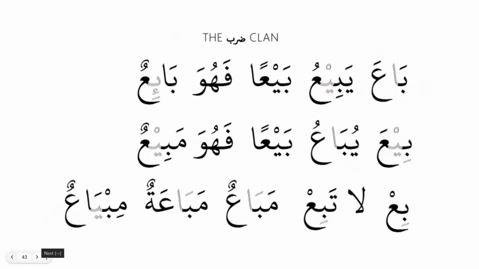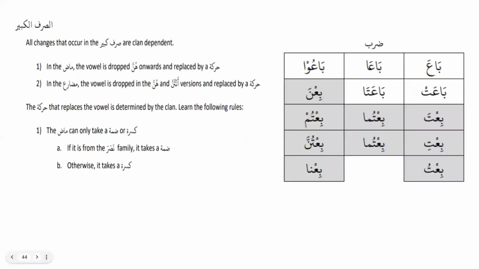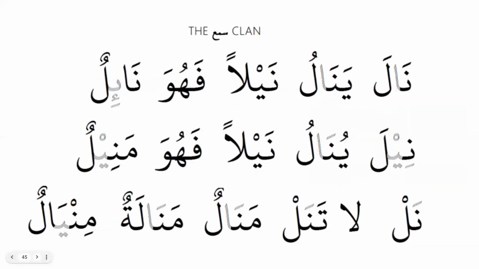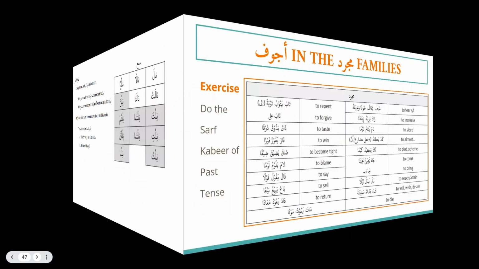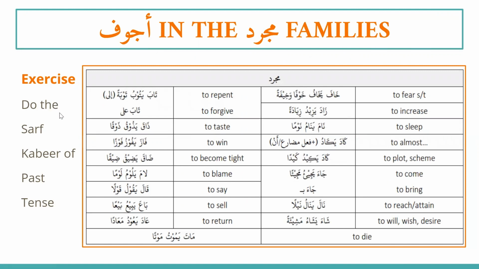You also learned that the middle vowel is mostly dropped and in past tense it is replaced by alif. And then you learned the Sarf Kabir of Ajwaf in Sulasi Mujarrad. If you have any question, you can ask in the interactive session. In the same interactive session, we do these exercises. In this lesson's exercise, you are going to do the Sarf Kabir of all these words.